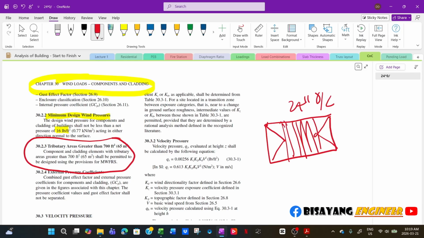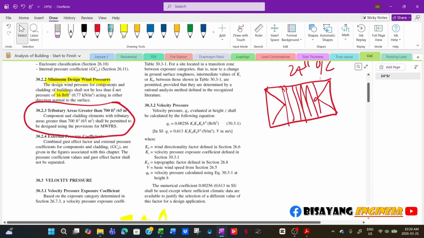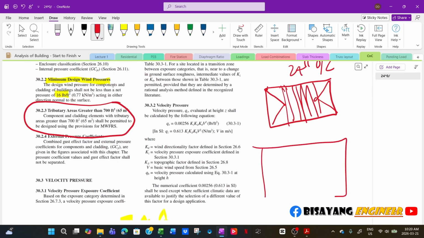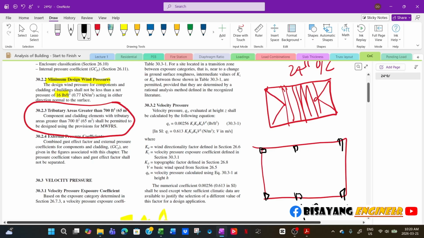But if you are talking about pre-engineered building where these are your columns, this is typically between 20 to 25 feet, and that is typical so far in all our projects for pre-engineered buildings.